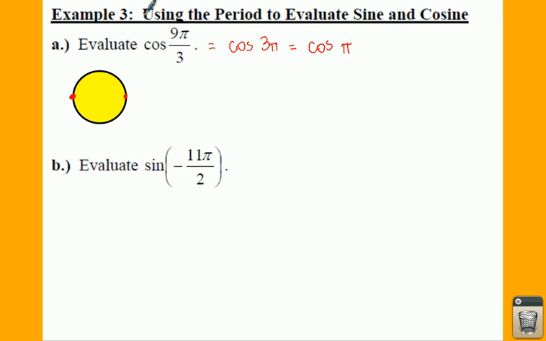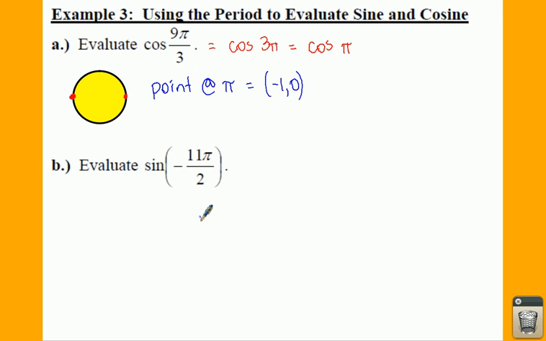If you think about the ordered pair at pi, that is equal to negative 1, 0. And if you look back at your cosine, is that going to be your x or your y? Sam, what do you think?